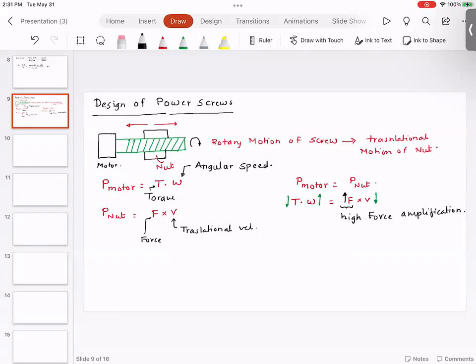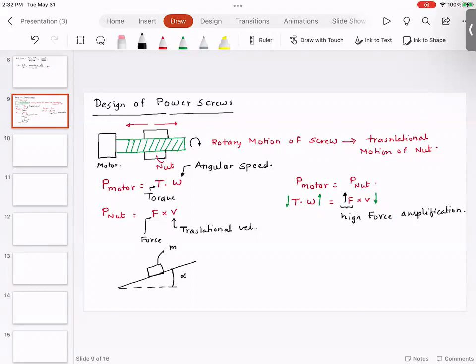Now, this power screw design is based on the principles of friction. So what does that mean? If you think about an inclined plane and a block of mass m on the inclined plane, this angle is called alpha.